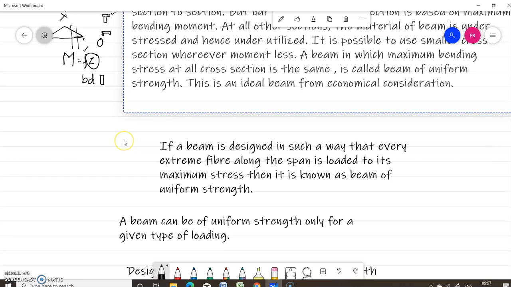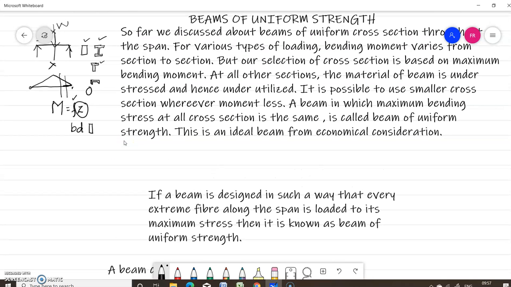Okay. So if you have a beam like this, you can see the bending moment is maximum at the center, and if you draw the cross section of the beam at the center, we can say that both the extreme fibers will be subjected to maximum stress.